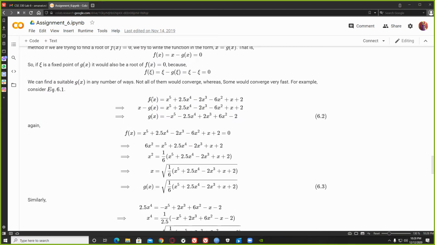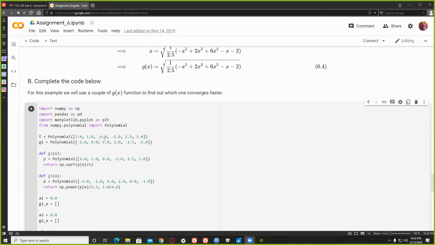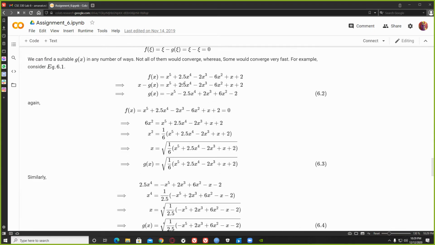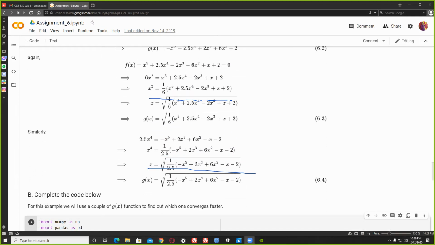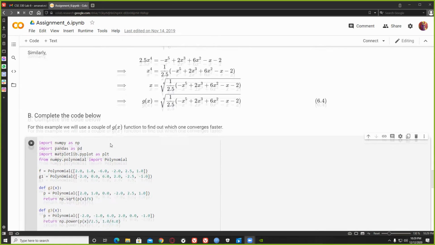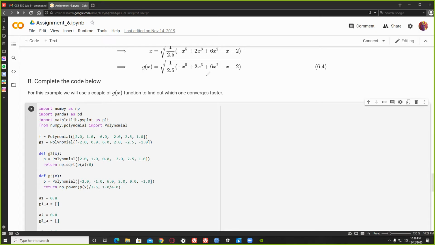Now, if we look at the code, we will see that we have to make the three equations that we have found. So we found three g of x's. This is the first one, second one, and the third one. Now we just have to make them into numpy polynomials.